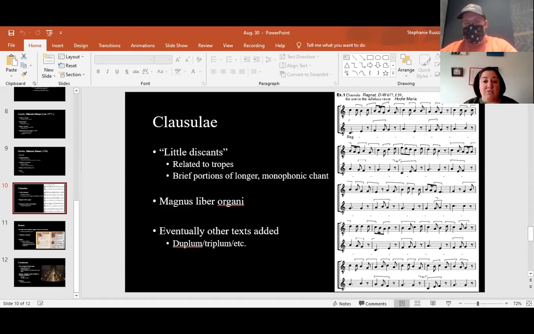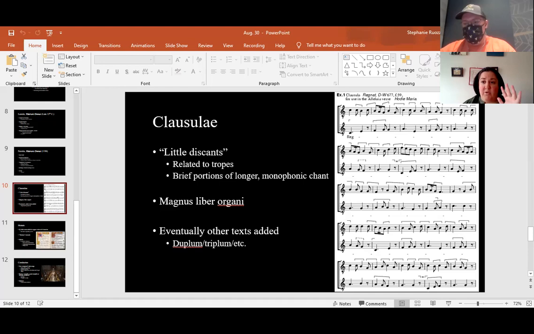And these are usually textually related to those other things we talked about called tropes. Remember, tropes were the addition to the original body of Gregorian chant. So we can either extend the chant by adding notes, by adding text, or by adding text and notes.